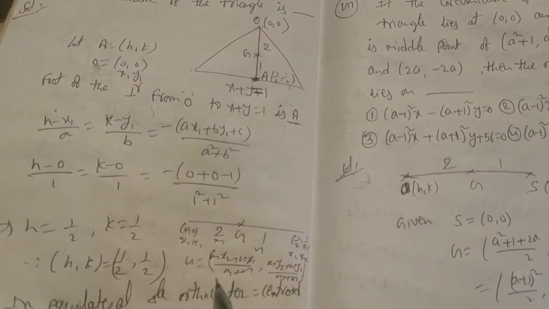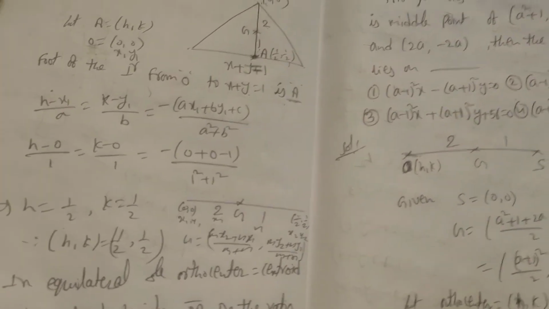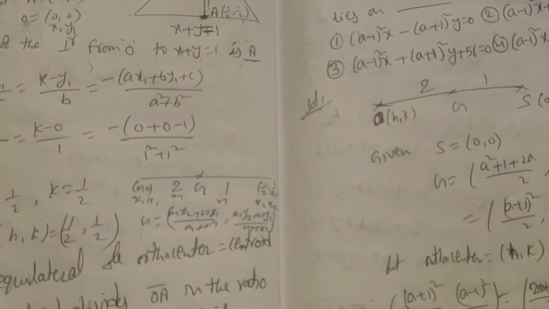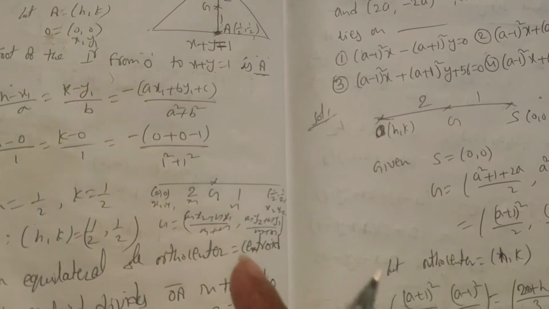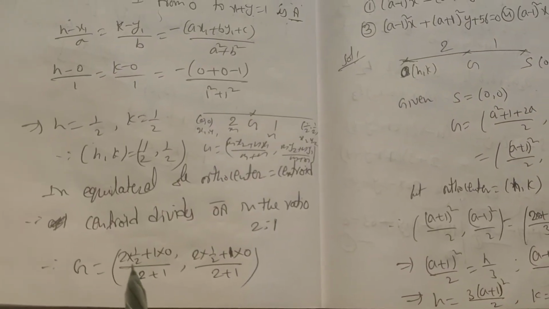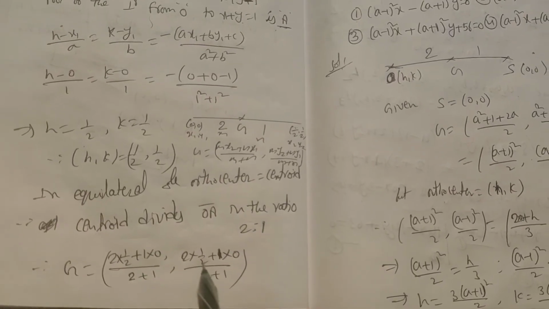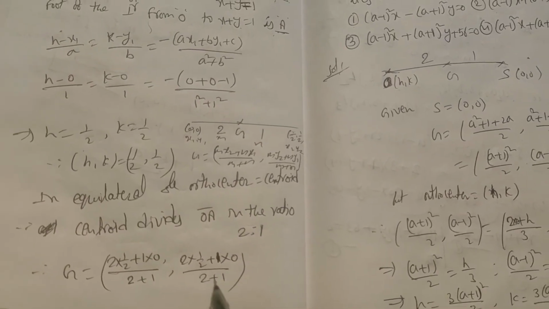Most of the students know this very well, but I am just reminding you. This is the section formula. I applied this formula to get the centroid. So we got 2 into 1/2, that is 1, plus 0, by 3, which is 1/3.